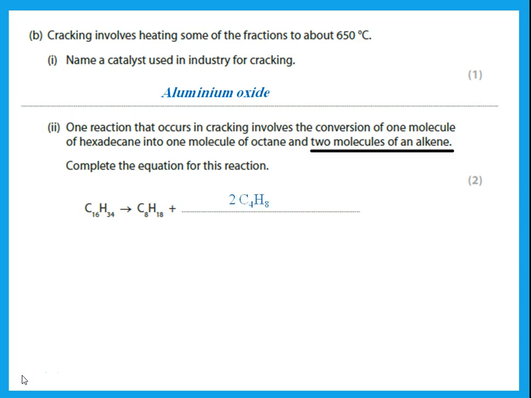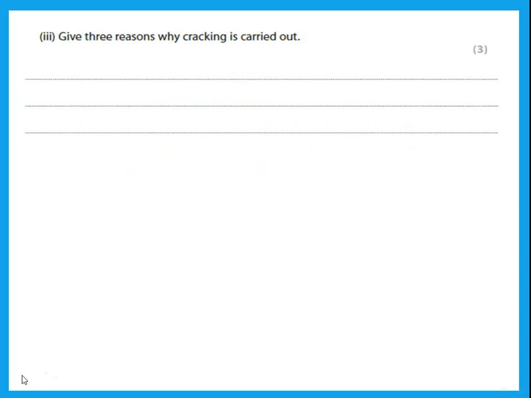Actually, you need two molecules of something so that when you multiply it by 2, it gives you what you want. So C16 minus C8, that's 8. So I need a total of 8 carbons, but that means that I have 2 that have C4. 34 minus 18 is 16, but that means I have 2 times 8. So remember, the trick in here is the fact that you need 2 molecules of an alkene.